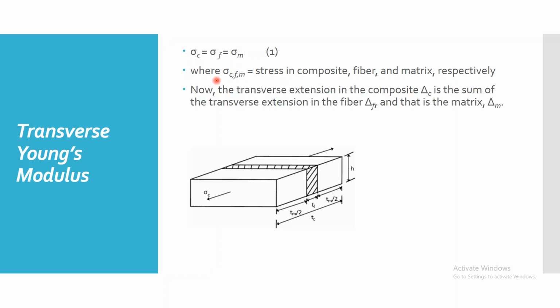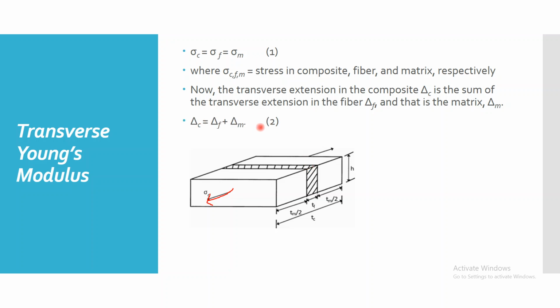Next, what about deflections? Let us observe the deflection in the transverse direction. I want to calculate the deflection in this direction only. Looking at the composite, delta C is nothing but the deflection developed in the matrix plus the deflection developed in the fiber.